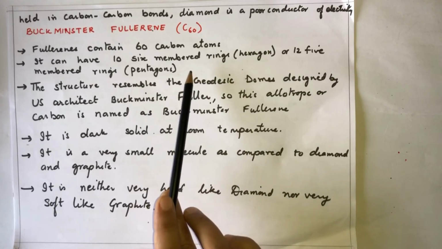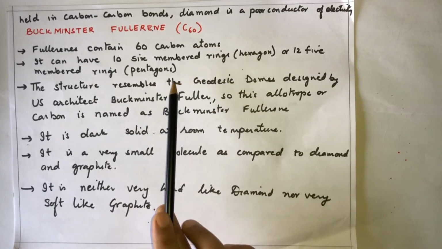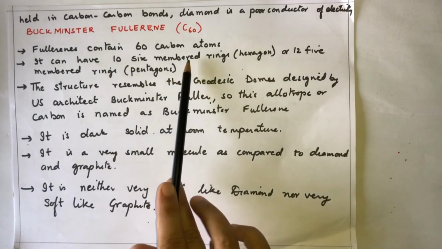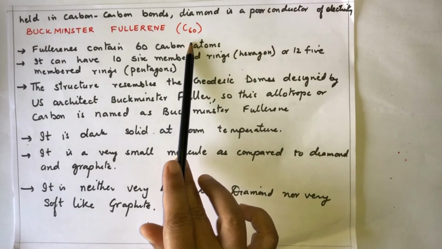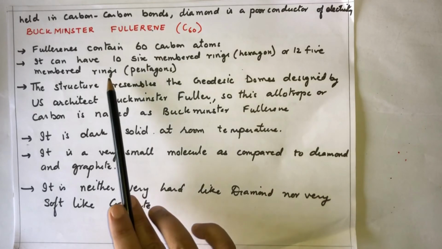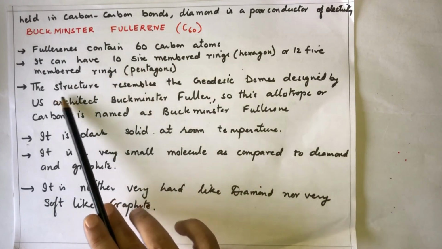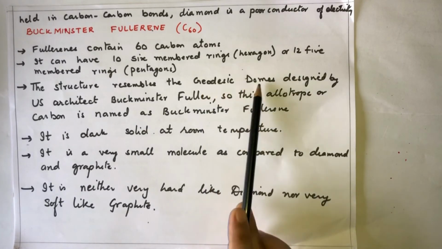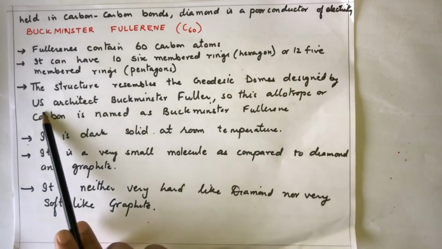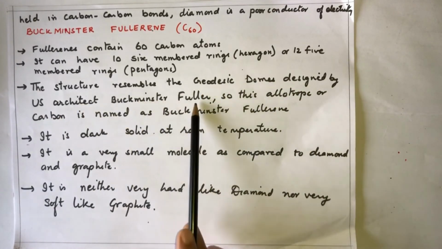You can just imagine a football. It has so many hexagons joined together. In the same way, if you join all the hexagons together and the total comes to 60 or more, then it's a Buckminster fullerene. The structure resembles the geodesic domes designed by US architect Buckminster Fuller.